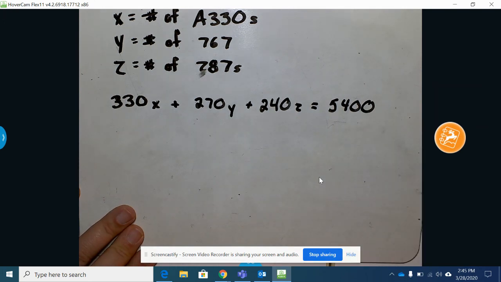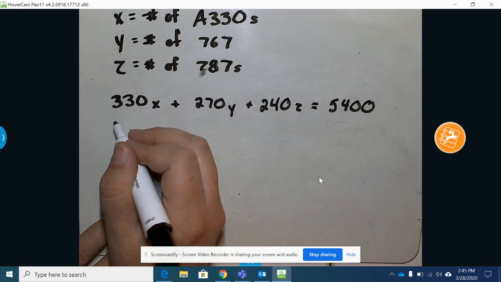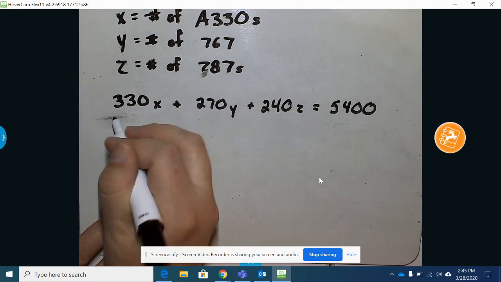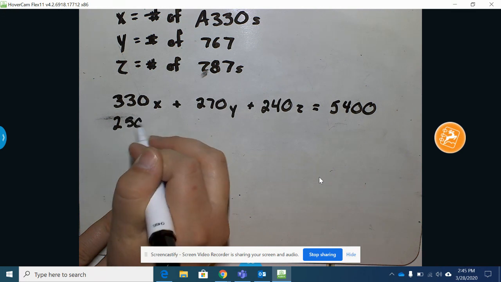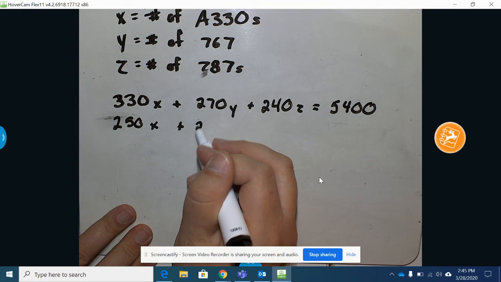Okay, and the next thing we're going to look at is the cost. We're going to do this in millions. The A330s cost $250 million each. The 767s cost $200 million each.